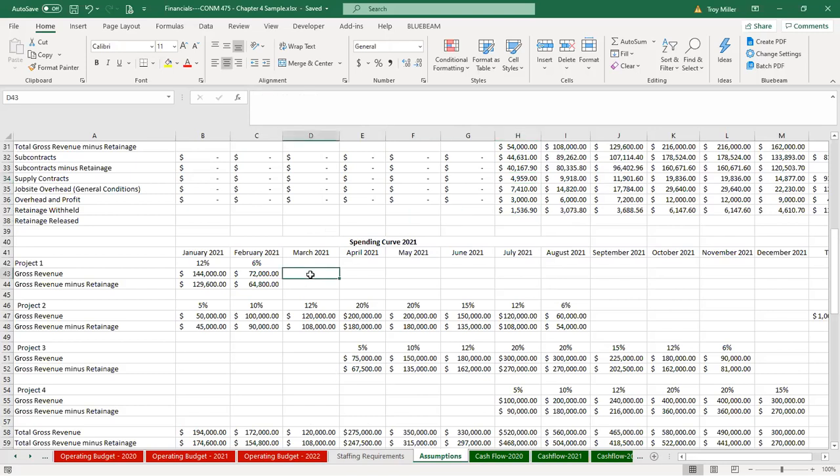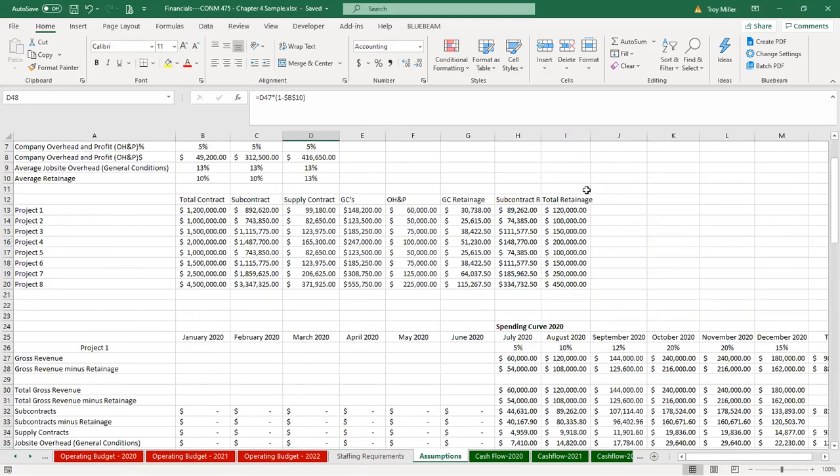So in March, besides getting the gross revenue minus the retainage, I'm also going to account for the retainage that's been released on project number 1. My assumption is I finished the project, everything's been great, they've released the retainage, and I've gotten final payment.